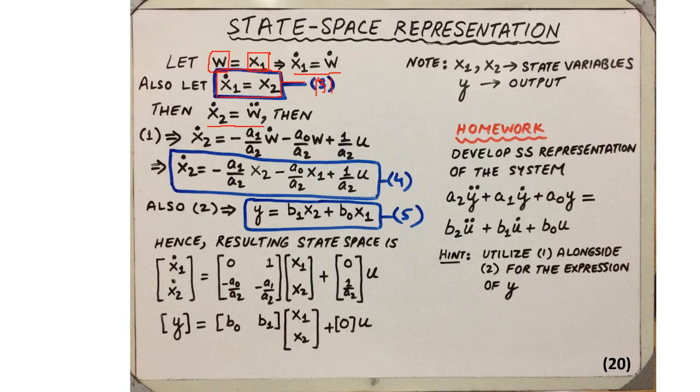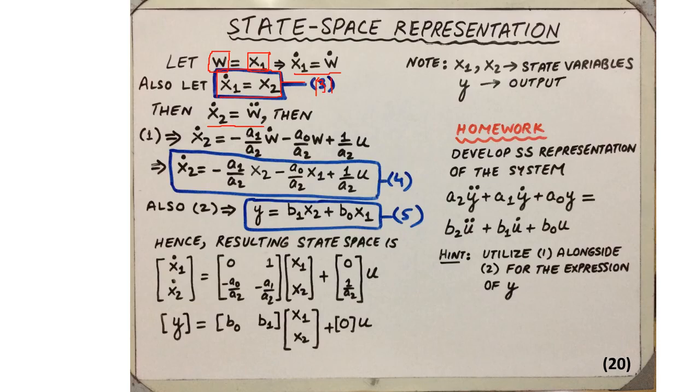So we now need to eliminate w, because this was a placeholder. It is just an auxiliary variable. It is not a state variable. So w can be eliminated from equation 1 and 2.